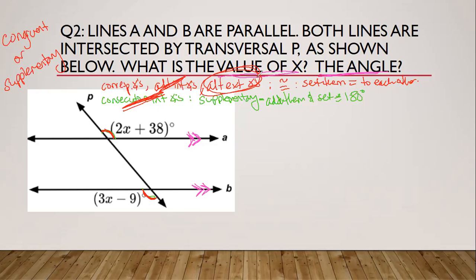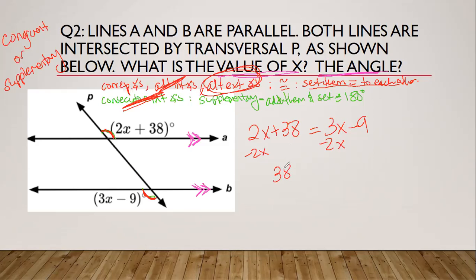So if they're alternate exterior angles, then that means I can set these angles equal to each other. So I'm going to take 2x plus 38 and set it equal to 3x minus 9, because alternate exterior angles are congruent to each other. And then I solve for x. 3x is bigger than 2x, so I'm going to move the 2x over here.